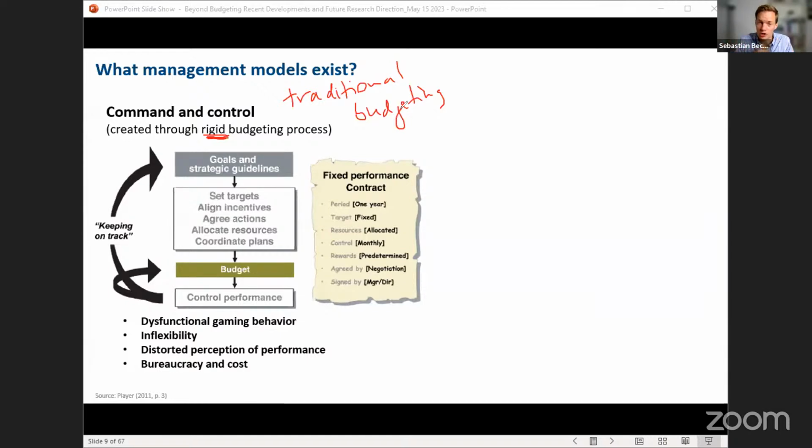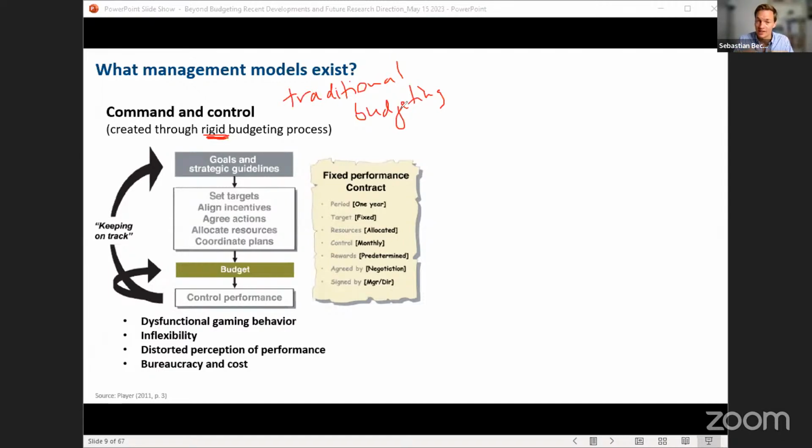The rewards are predetermined. So most people, because there's a lot of negotiation about the target, they know in advance what they need to do in order to get a particular reward or bonus. So then they also have a tendency to negotiate those numbers down, which is a problem, because then most of your energy is not about making customers happy or developing new products or becoming more sustainable, but it's really about how can I negotiate my goals down, right?